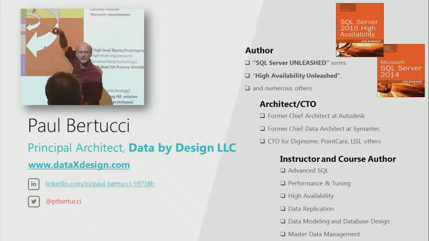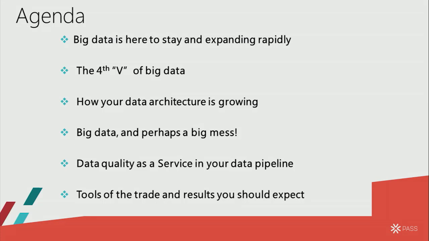So I'm going to tell you a story of what I was able to be a part of and implement for a very large multi-billion-dollar company. So here's basically what we're going to cover today. First of all, I want you to just fully understand what big data and the impact of that is all about. I'm going to talk about a fourth V. If you guys are big data guys, you know there are 3 Vs, right?